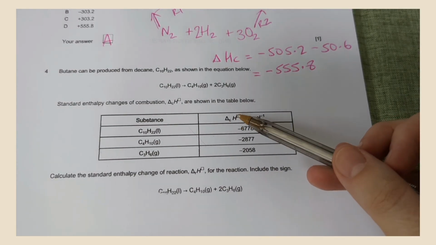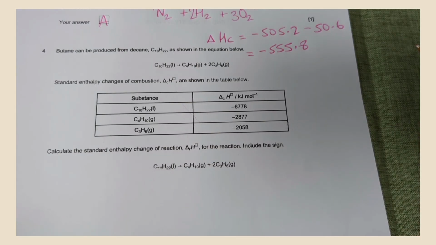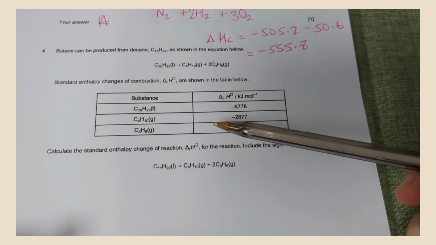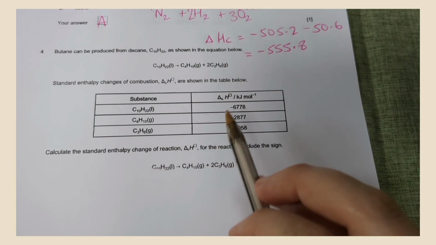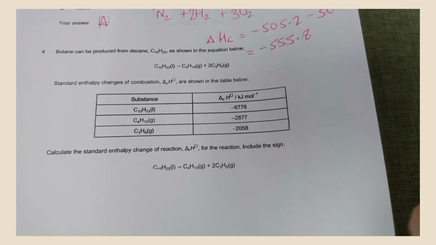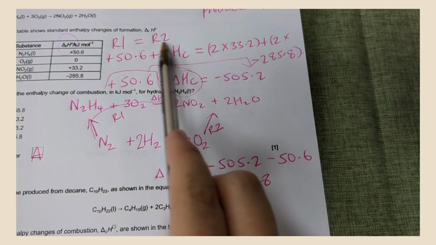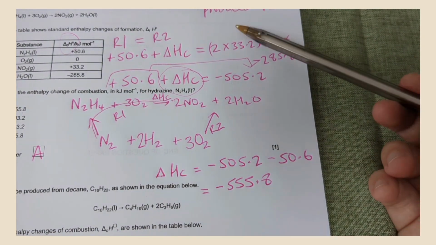So this time we've got combustion data instead of formation data. So whatever cycle or equation we use always depends on the data we're given. Since we've got combustion data, I'm going to draw the cycle just so you can see how it would be. We don't have to draw the cycle. We can just do it like this or use the equation.